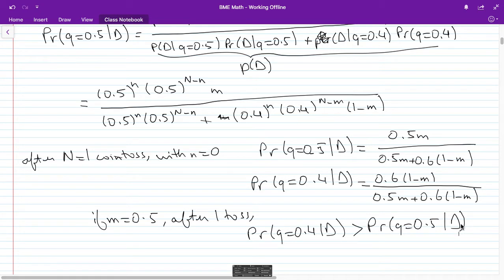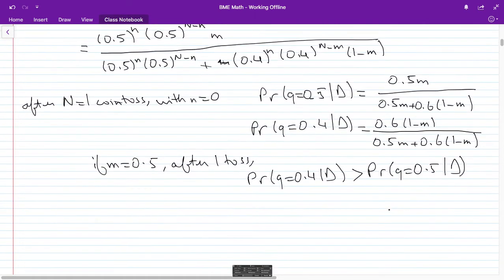So the probability of it being a fair coin is definitely not 0. It's just that I have leaned a little bit toward calling it an unfair coin.